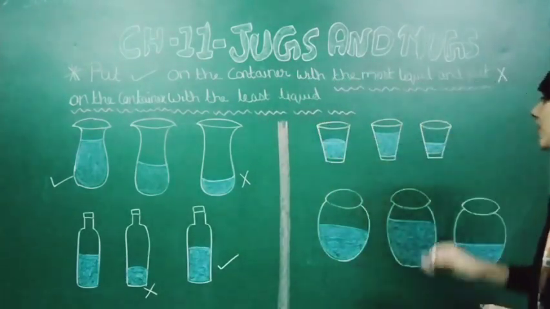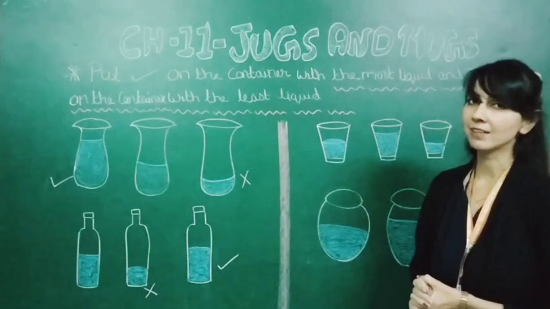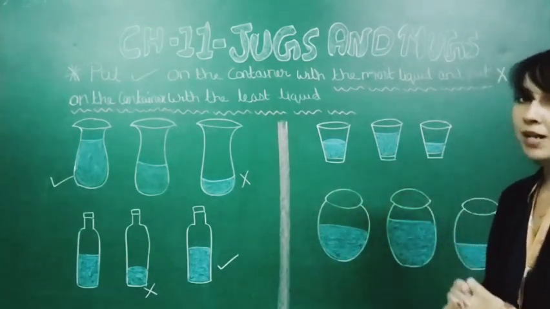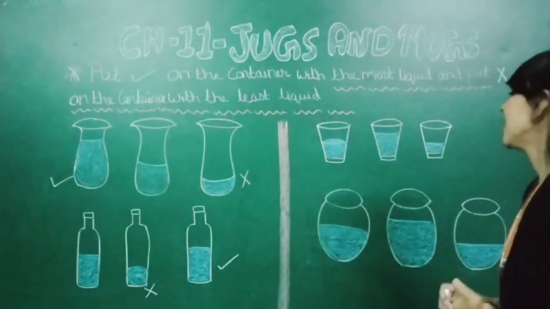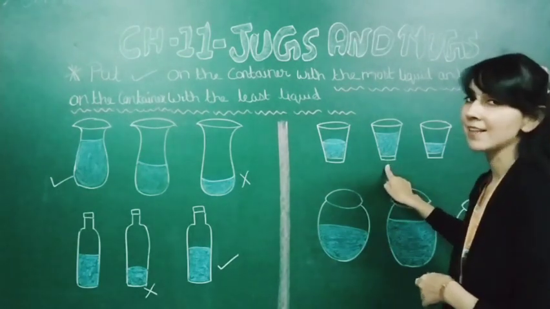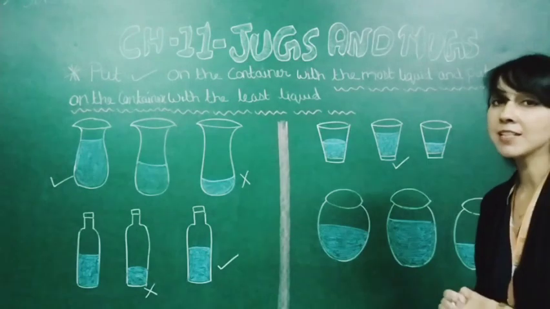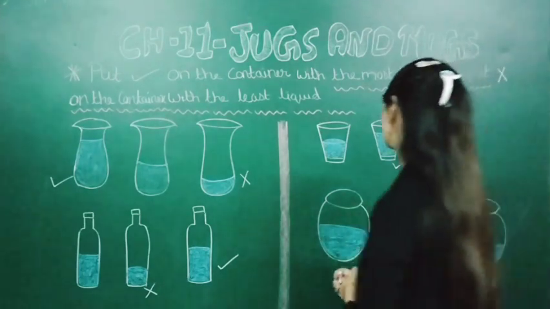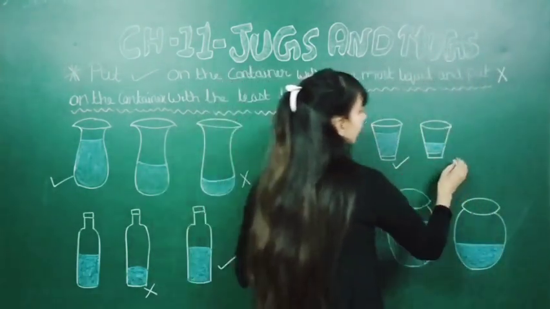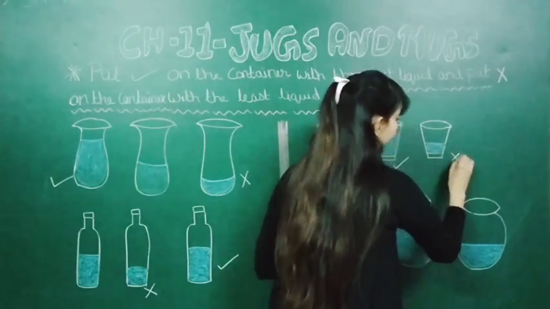Now next, here you can see glasses. In which glass can you find the most liquid? Yes, this one, the second glass, so here we will put a tick. And in which glass can you find the least liquid? Yes, this third one, so here we will put a cross.